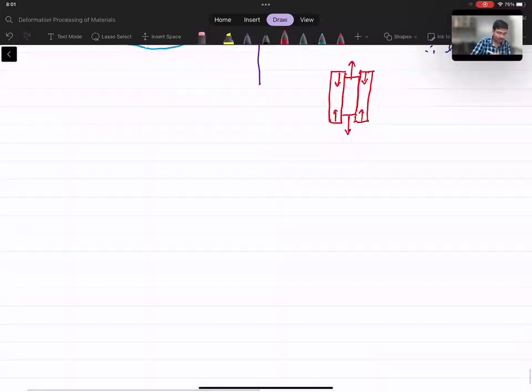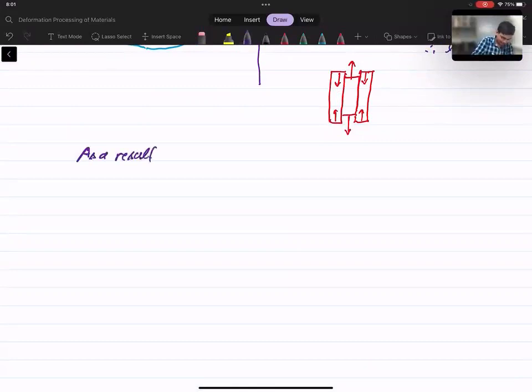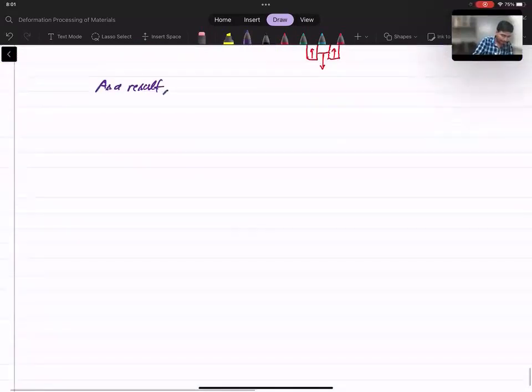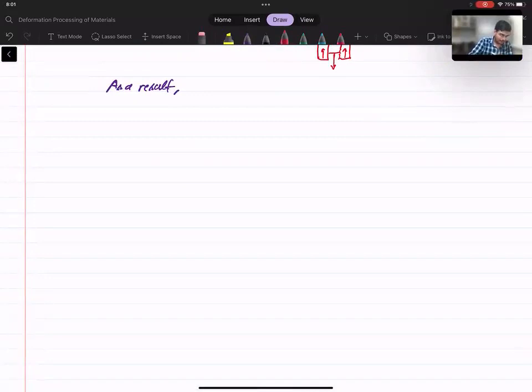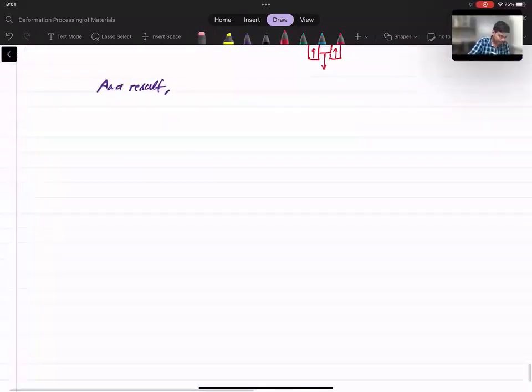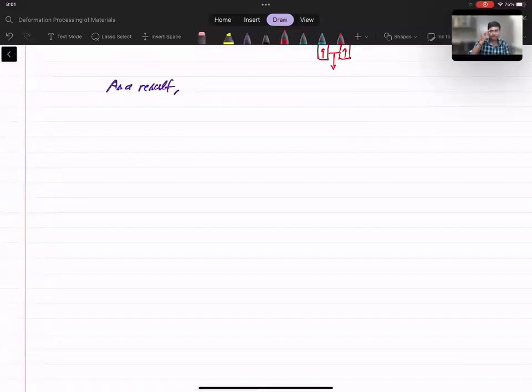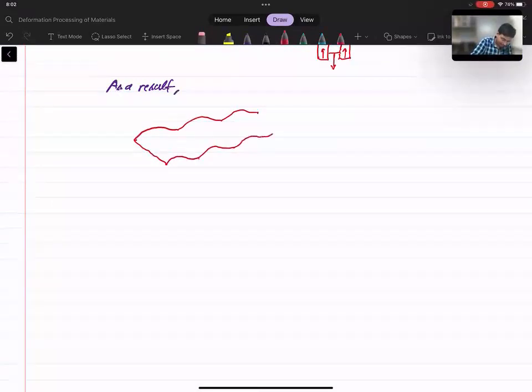Okay, so as a result, the workpiece or the final finished product will have some waviness at the edges, and it will become distorted.